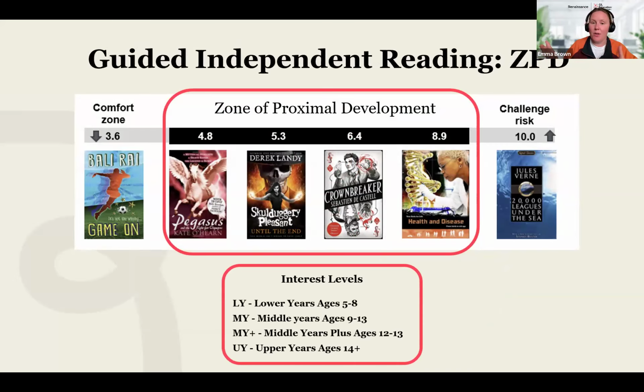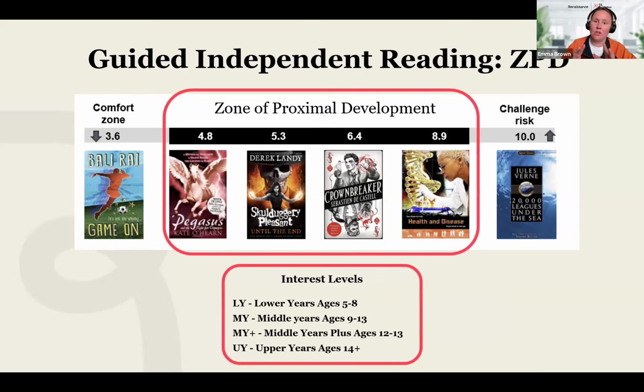Every book has an ATOS number, according to our Accelerated Reader program, and as you can see on the screen, this student has a ZPD, a reading range of 4.8 to 8.9. So they've done the STAR assessment, and this is the reading range it has come out with. The student does not have to start at the bottom and end at the top. They can read anywhere from within this range at any time.